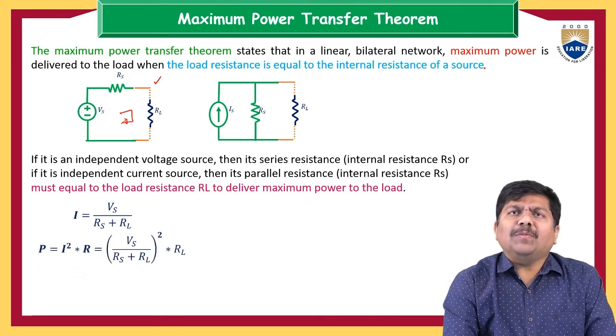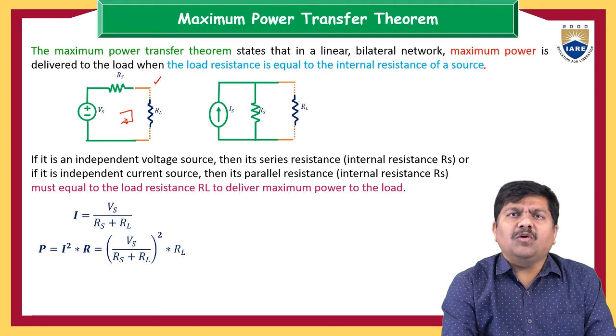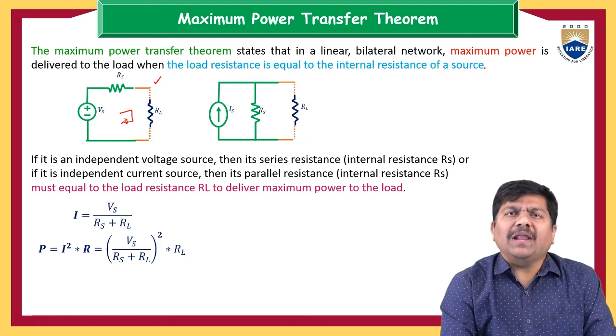And what about the power? Because we are talking about the maximum power. First let me take what the power is. How much power does the load resistance have? If the voltage source is connected to the load, how much power is the voltage source supplying to the load terminals? That is nothing but at RL.